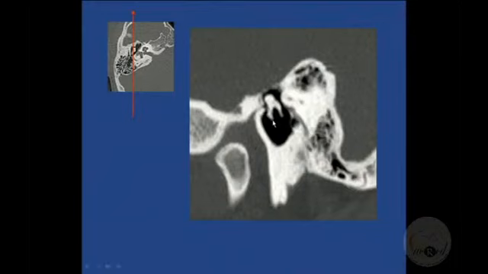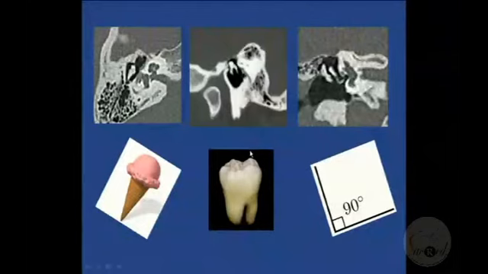It should look like an ice cream cone on the axial, and that's how you assess the incus malleus complex. Then on the sagittal, it should look like a molar tooth, and on a coronal image, it should have a 90-degree angle. Right? That's the easiest way I can show the first year, second year residents, because temporal bone anatomy can be tough.